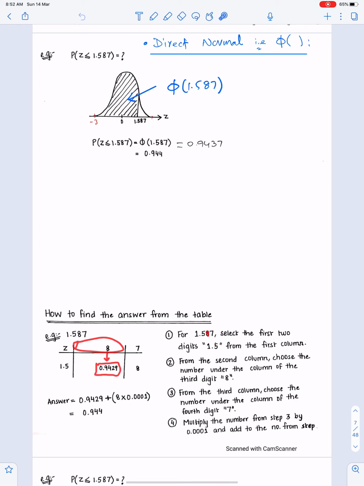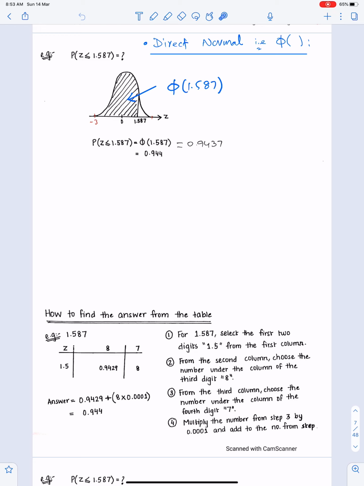This is the third digit 8 and under this number is this. So you have got this number. You can read this number as 1.58. But we need 7 as well, the fourth digit. Always search the fourth digit here in this column.